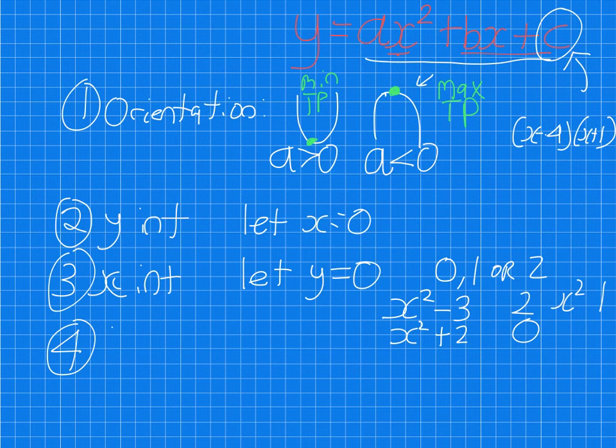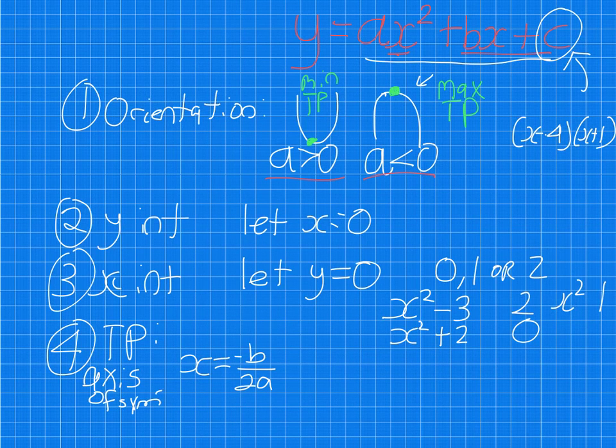Now, the fourth thing I want you to find is the turning point. Every parabola has a turning point. Like I said, if a is greater than 0, then it'll be a minimum turning point, and if a is less than 0, it'll be a maximum. So, to find the turning point, which is also the same as the axis of symmetry, they occur at the same spot, you use x equals minus b over 2a.